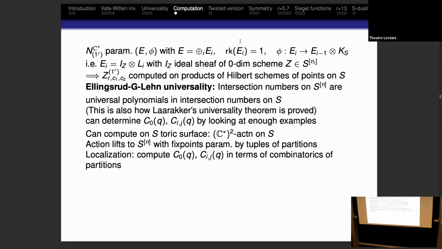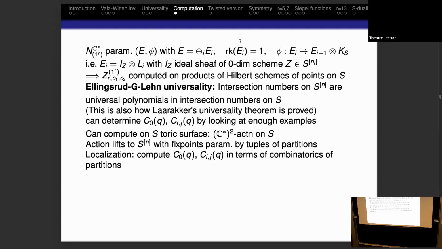That's a surface which has a C* action with finitely many fixed points. And the action will lead to an action on the Hilbert scheme of points, and the fixed points will be parameterized by tuples of partitions. So the idea is that the Hilbert scheme parameterizes these ideal sheaves, and the subschemes parameterized by the fixed points will be concentrated in the fixed points on the surface.